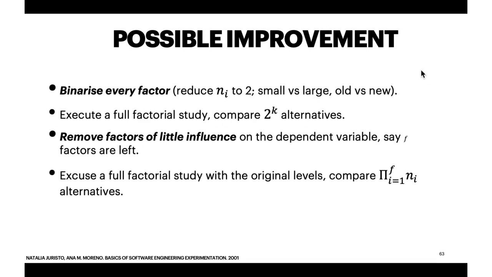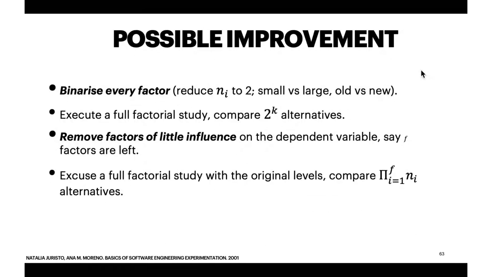Once we have done this, we can run another full factorial study. This time we are going to use the original levels, but we are not going to include every factor, only those factors that have been found influential in the previous study. So essentially we have 2 reduction steps.